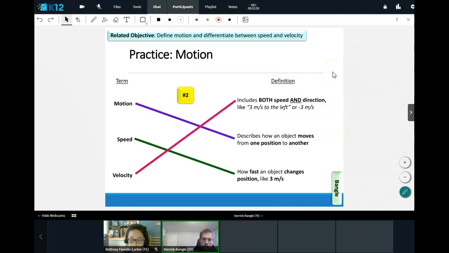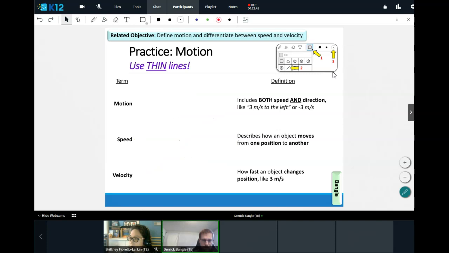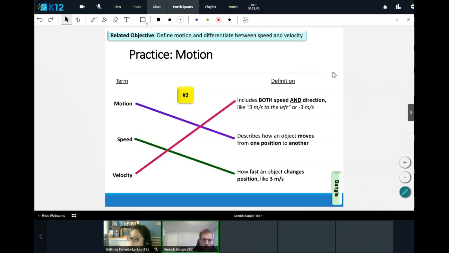Yeah, so it appears that most of us were correct. Let me make sure and go back. Yeah, most of us were correct. So motion is describing how an object moves from one position to another. If I move, let's say on a graph, from position 1 to position 3, that is describing my motion. However, if I'm talking about speed, that is how fast I change that position.